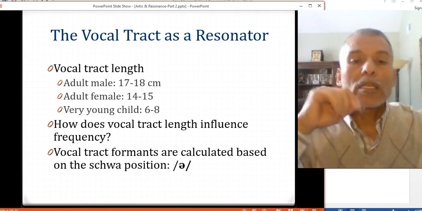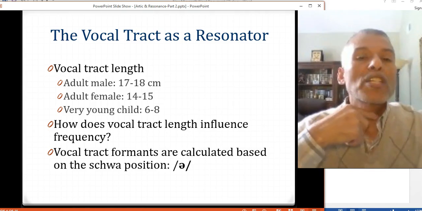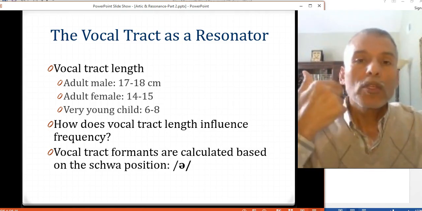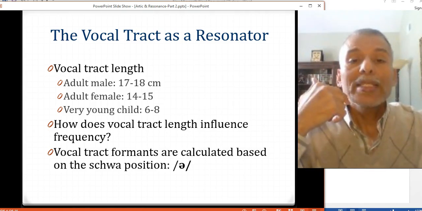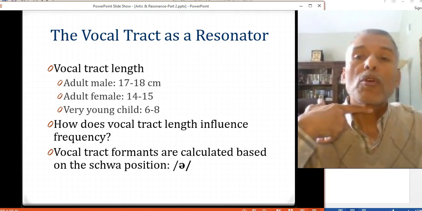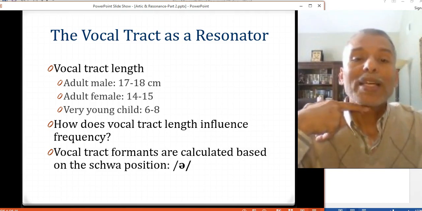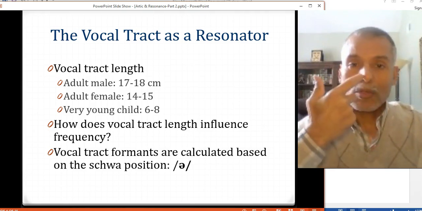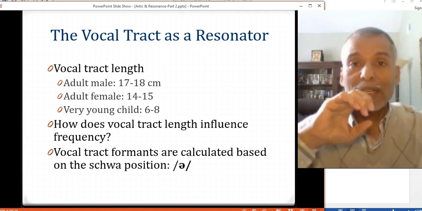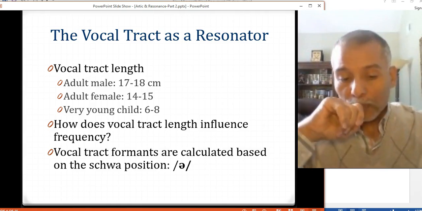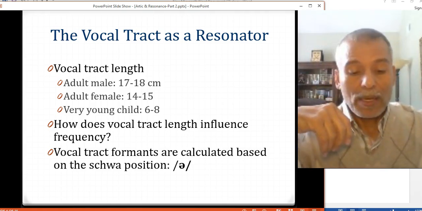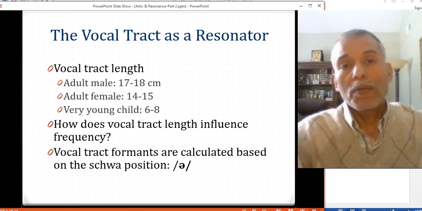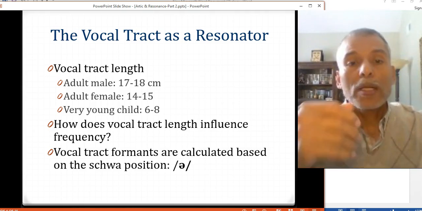So for this reason, in order to measure the resonant frequency of the human voice, we need a sound to come from the vocal folds, make it go through the vocal tract, and then you measure and calculate the first resonant frequency, or calculate F1.